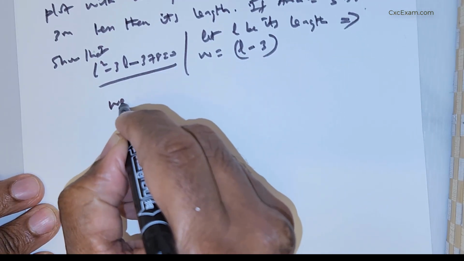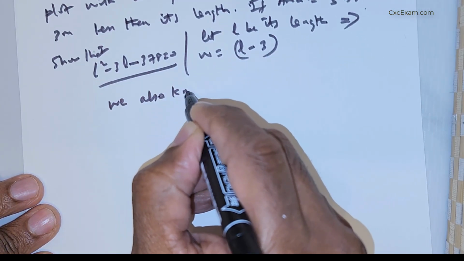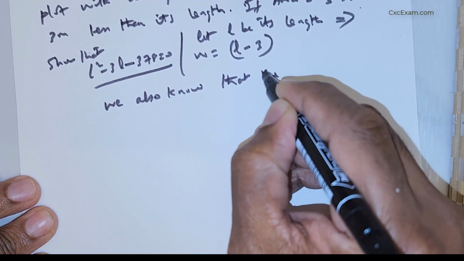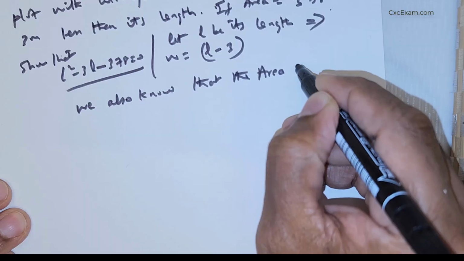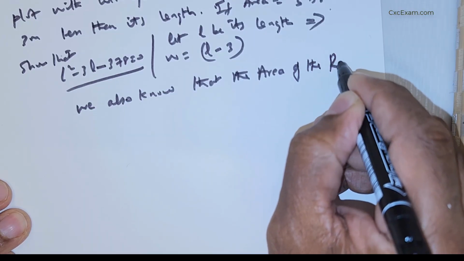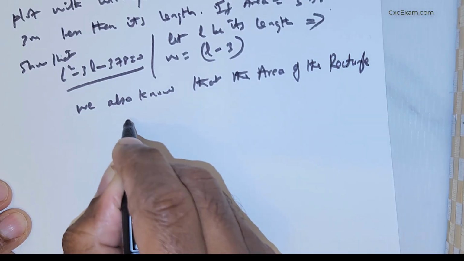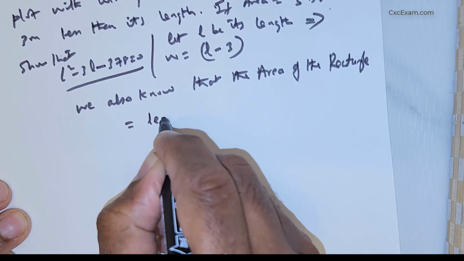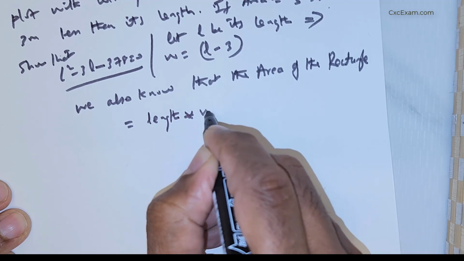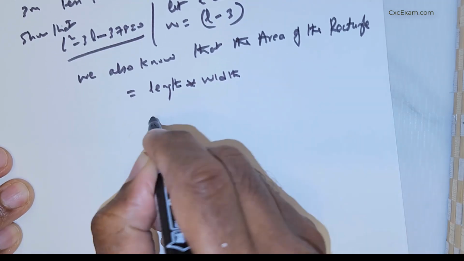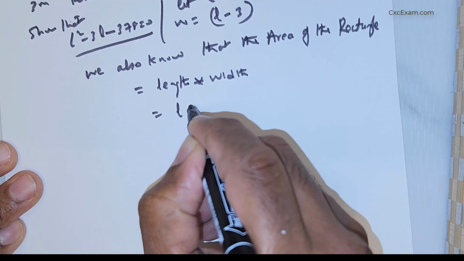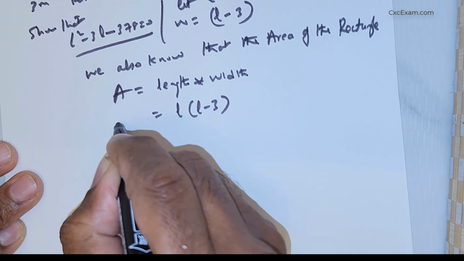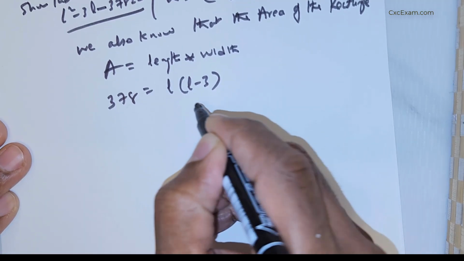We also know that the area of the rectangle is going to be length times width. So the length is L, the width is L minus 3, and the area is given as 378.